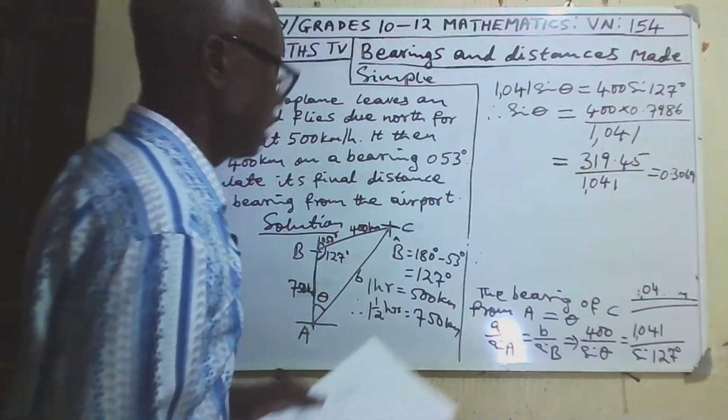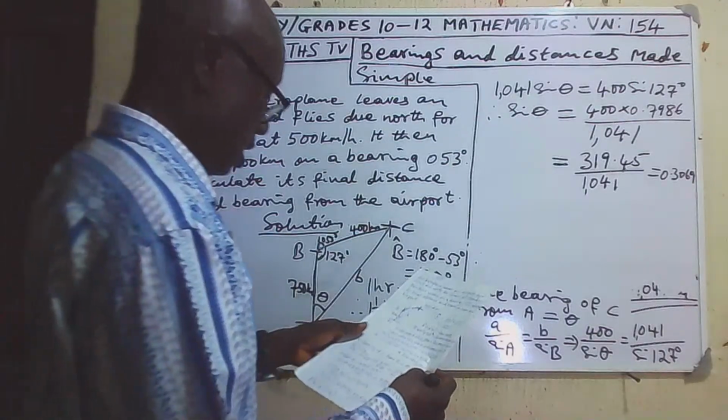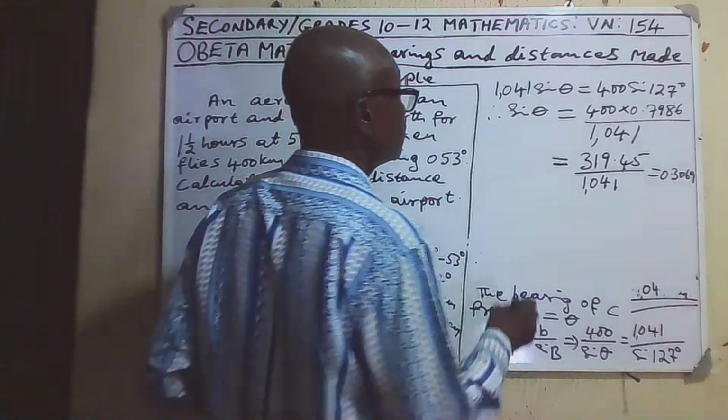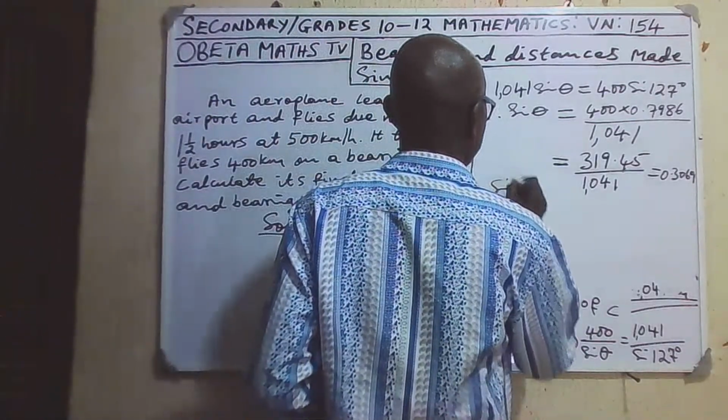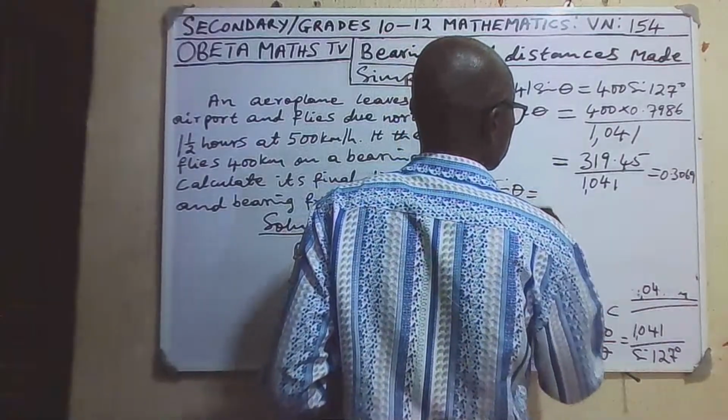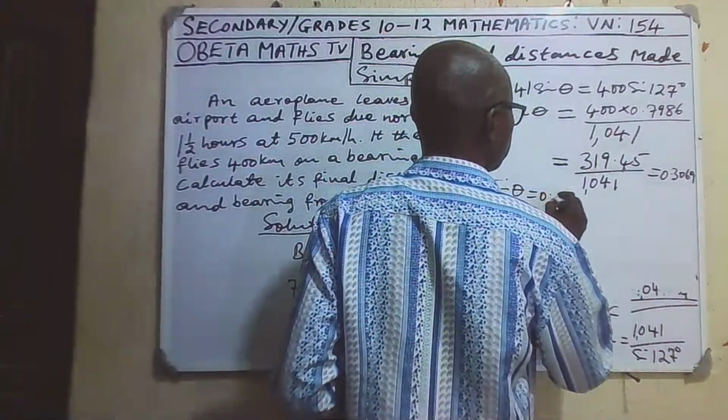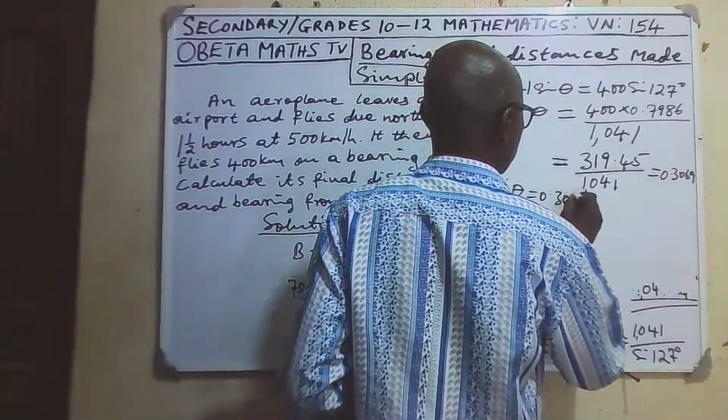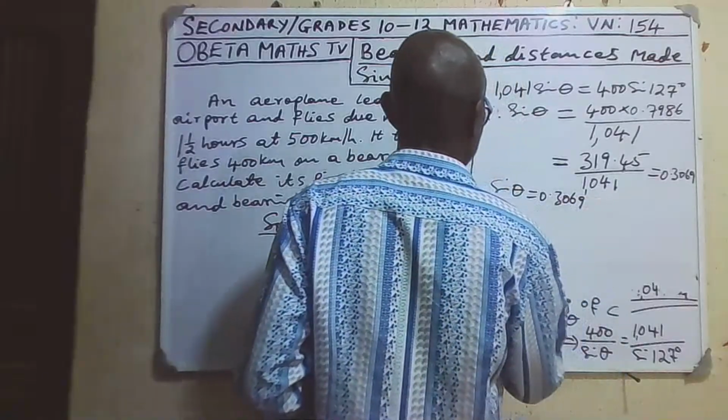So in that case, we have now seen that sine theta is equal to 0.3069.